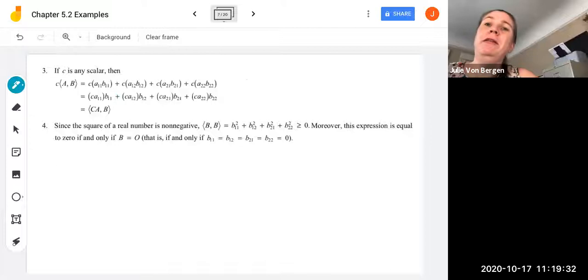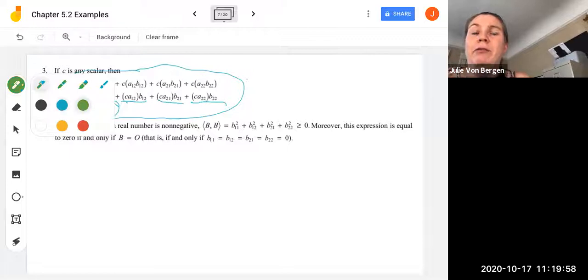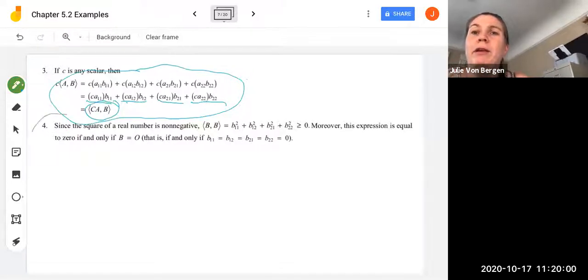And then property 3, if c is a scalar, again, we can just distribute it through and regroup here because of properties of multiplication of these real numbers that are the components in the 2x2 matrices. And then cA inner producted with B is our result. So we see that property 3 holds. And then property 4 here, the non-negative property.